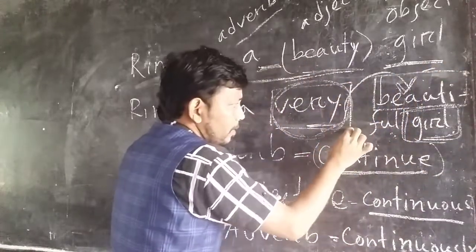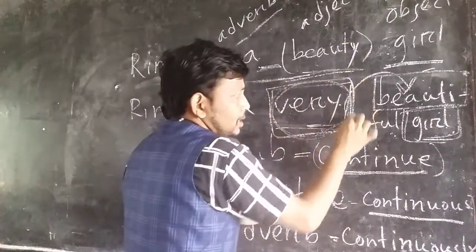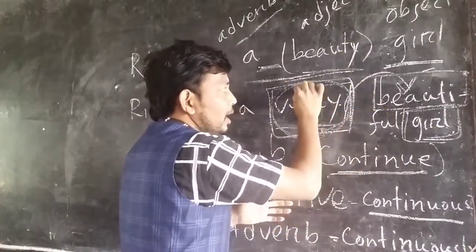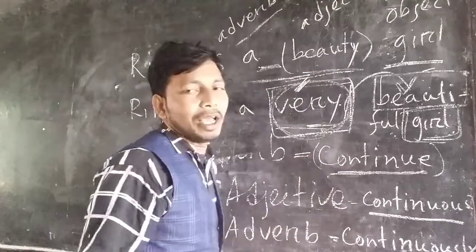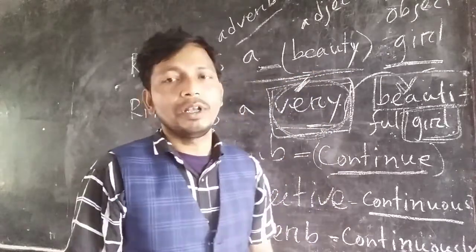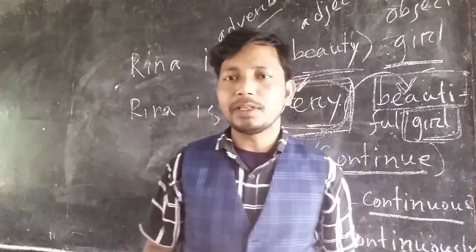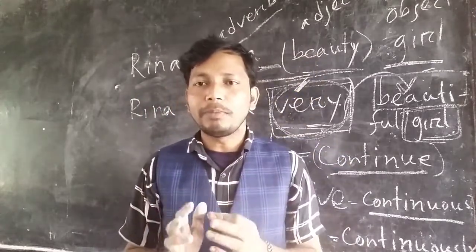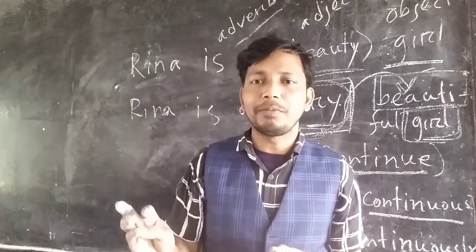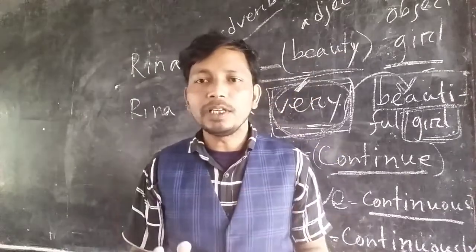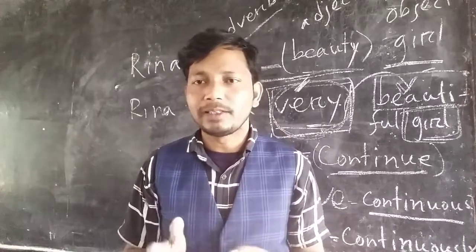And if you have any more bracket before adjective, then you have to change the word into adverb. So this is the position. I hope that you will remember this, and if you remember these four positions, noun, verb, adjective and adverb, then it will be easy to answer in exam.